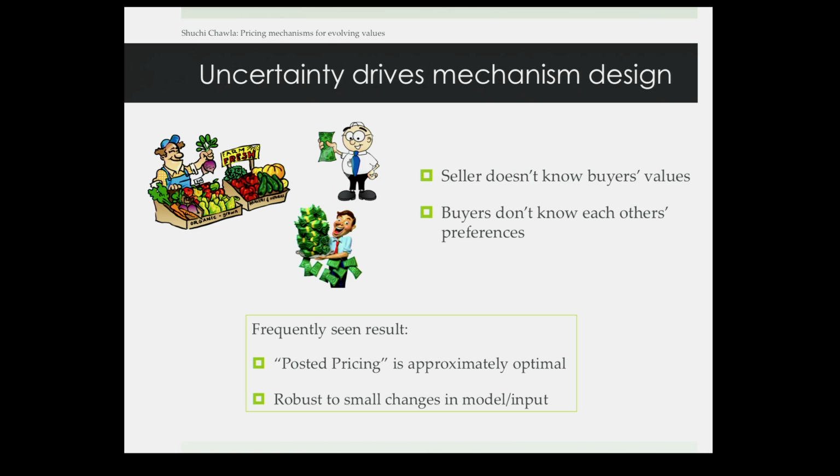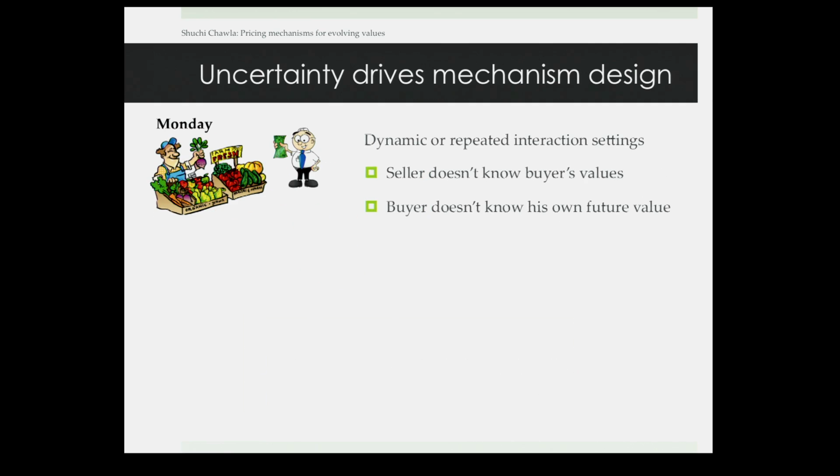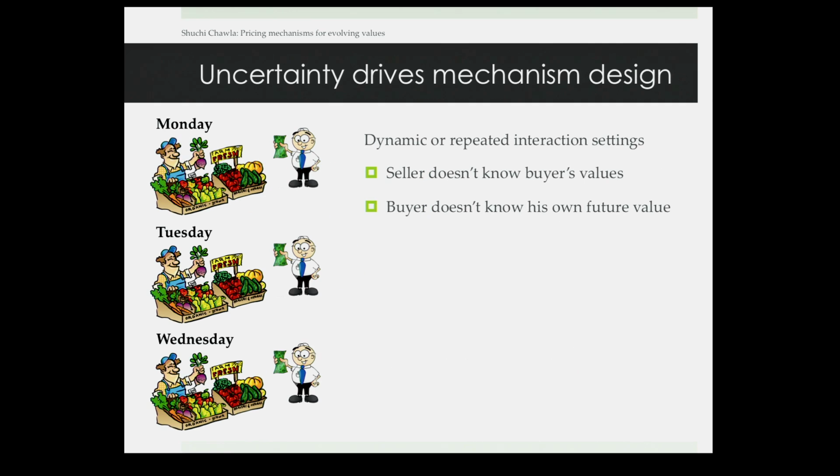Now, I'm going to go and add more uncertainty to the setup. So let's imagine that you have this seller and now a single buyer, but this buyer is going to show up every day and buy something from the seller. And as before, the seller doesn't know the buyer's value. In fact, the seller doesn't know what the buyer's value is going to be tomorrow or the day after, and so on. And here, the buyer may not know what his value is going to be tomorrow, the day after, and so on.